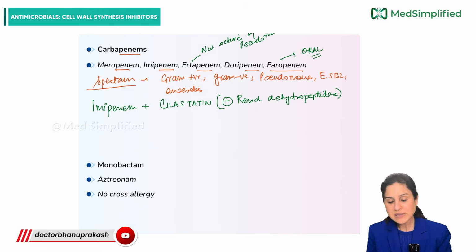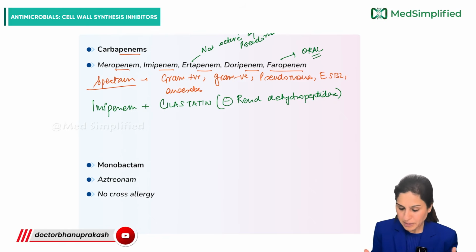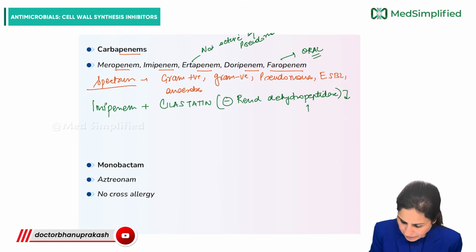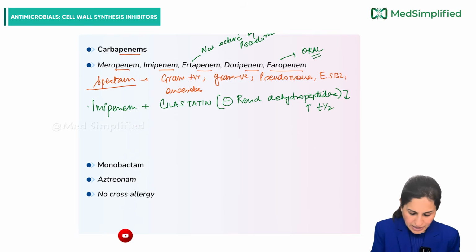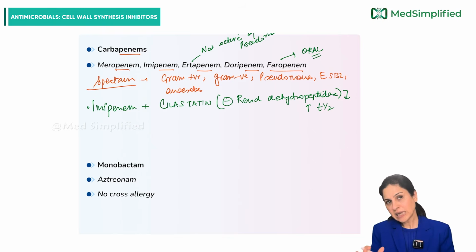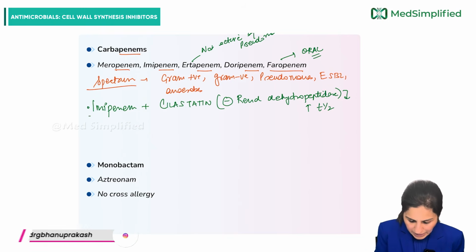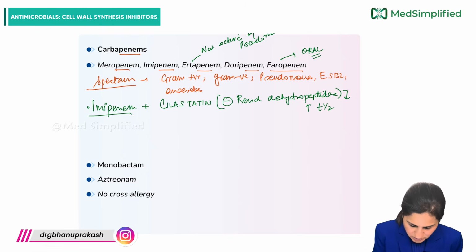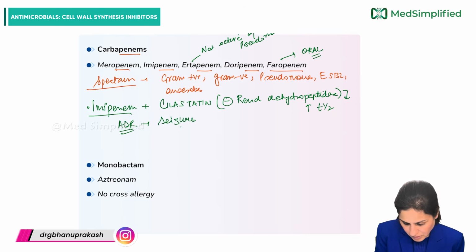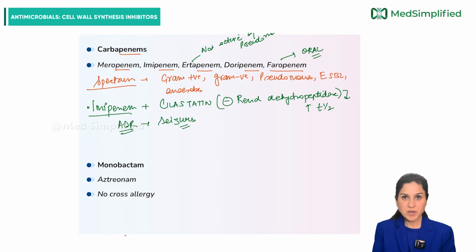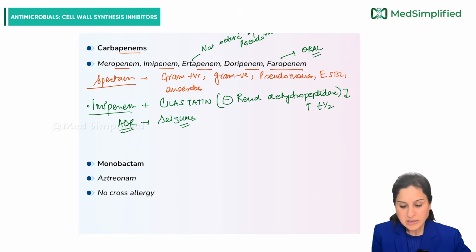Because of this, it will prolong the half-life of imipenem. It's not required with the others, but with imipenem especially it is required. The other adverse effect with imipenem is that it can cause seizures, right? Seizures is one of the important side effects.